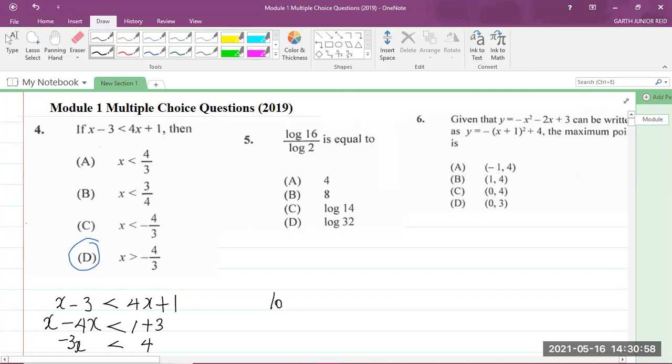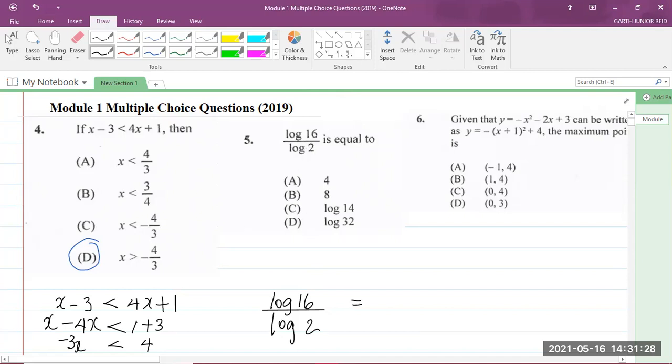It's the logarithm of 16 divided by the logarithm of 2. So this is now equal to what? If you notice in the denominator, we have the logarithm of 2.